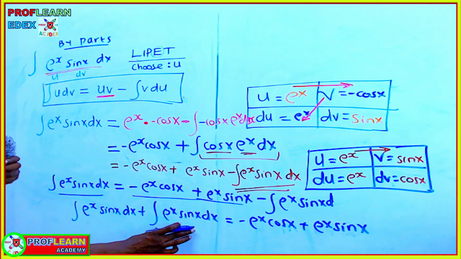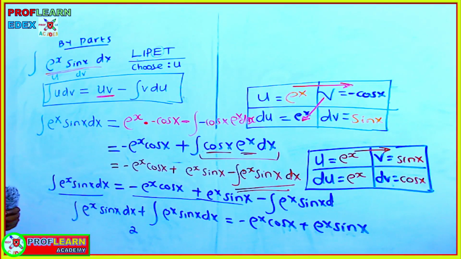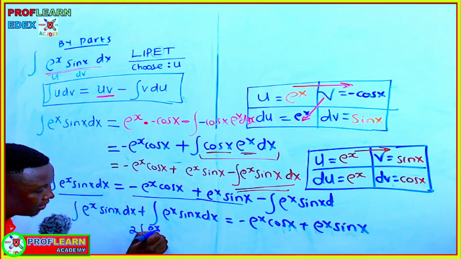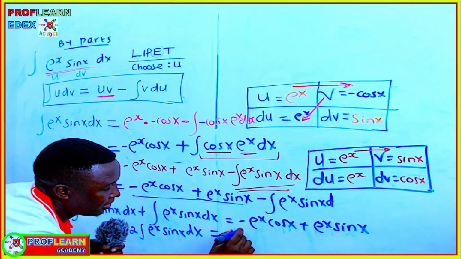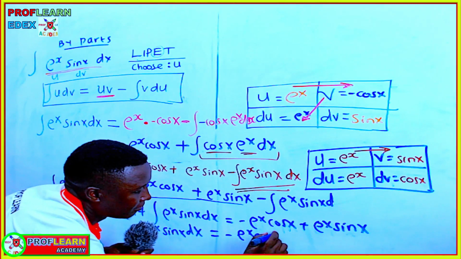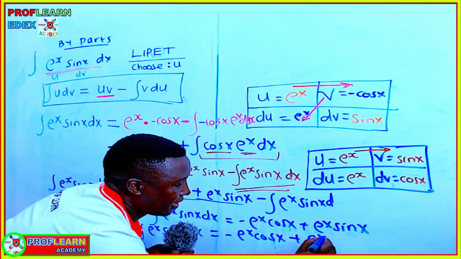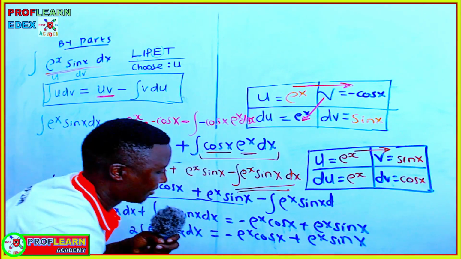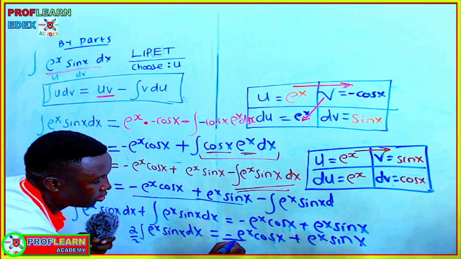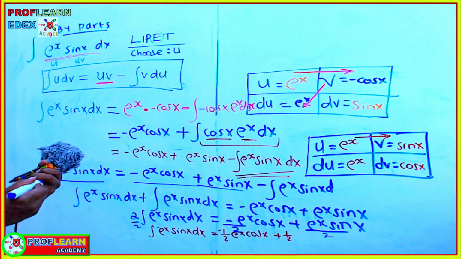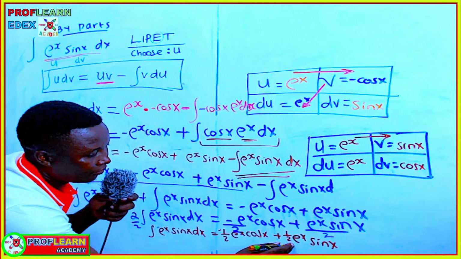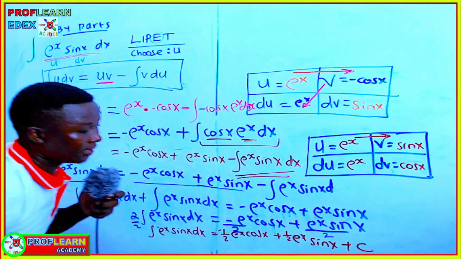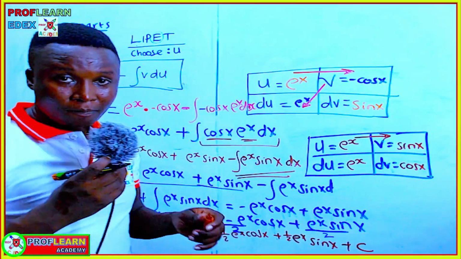Now this is going to reduce to 2, so we shall have 2 times the integral of e to the x sine x dx is equal to minus e to the x cos x plus e to the x sine x. Then divide by 2 all through, so we are going to say the integral is a half of this, then plus c at that given point. So this is what it is going to reduce to.